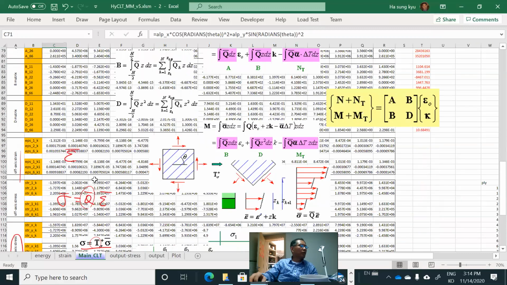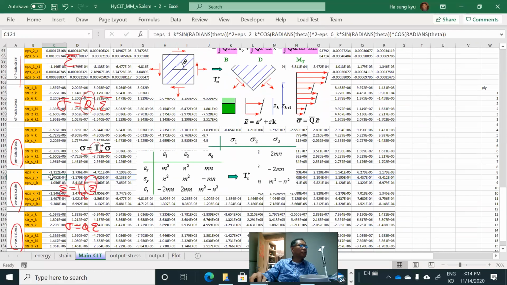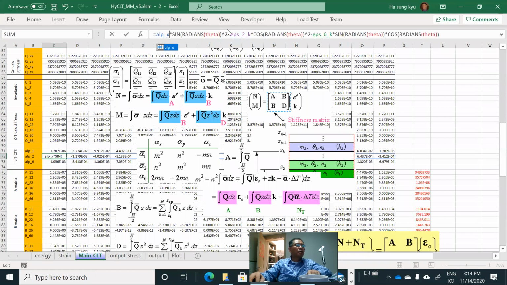And another one, we can just get these terms. Let me just copy and paste to here. And here, sine, but this one has to be alpha x, and this one has to be alpha y, and we don't have these terms.